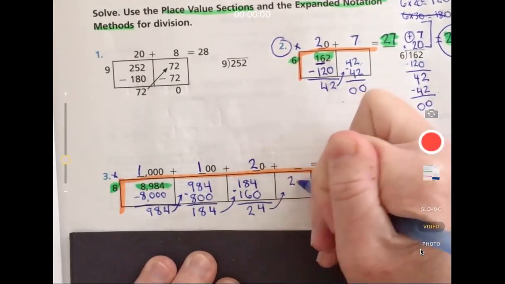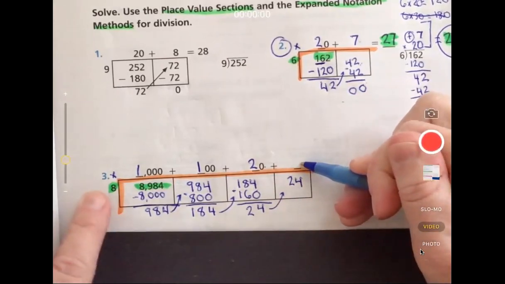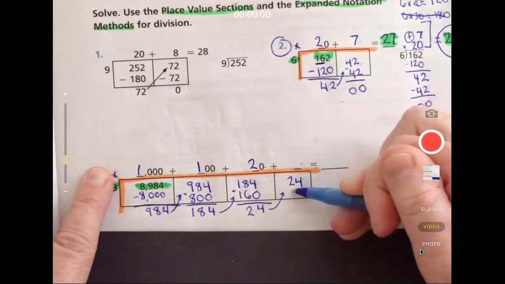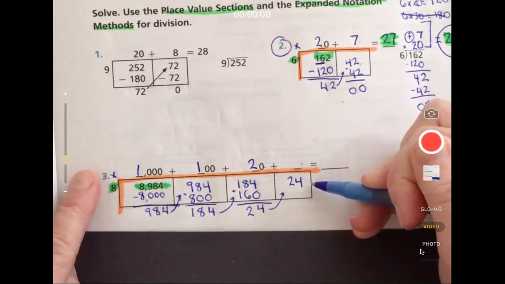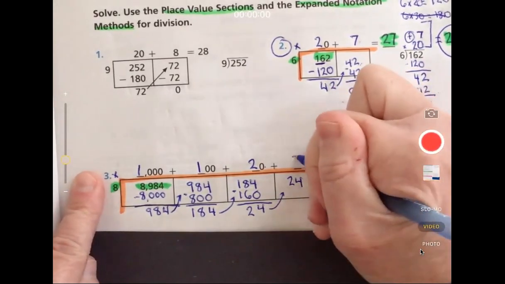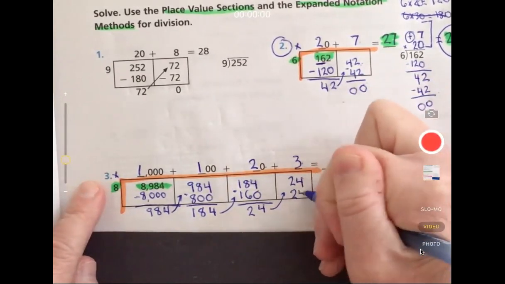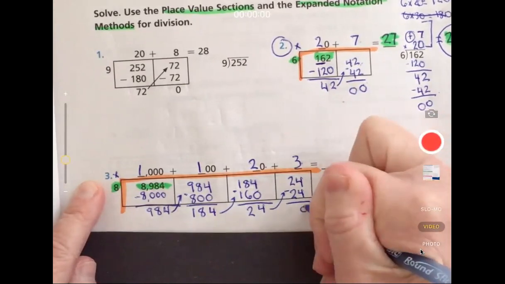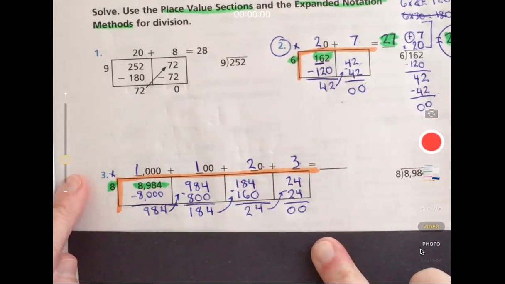We're going to pull this to the ones place. So we're left with one digit. Now we're thinking 8 times what gets me to 24 or really close without going over? I hope you thought of 3. 3 times 8 is 24. So this is where we subtract at the end to see if there are remainders, and there are not in this one.